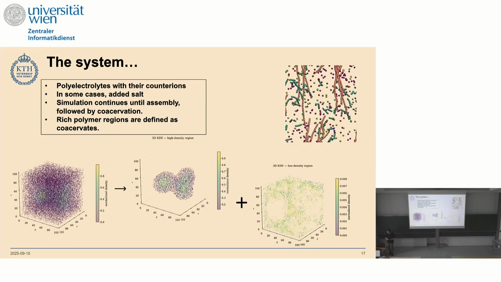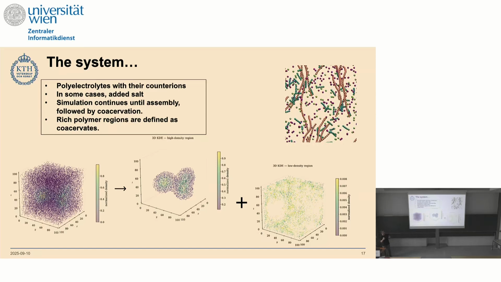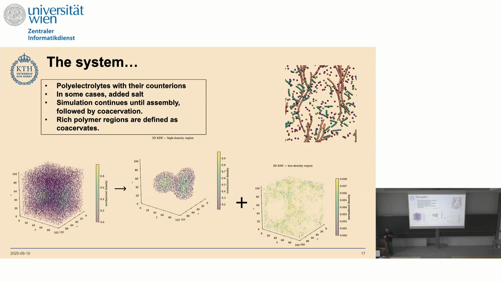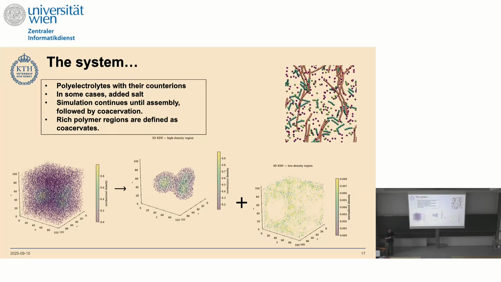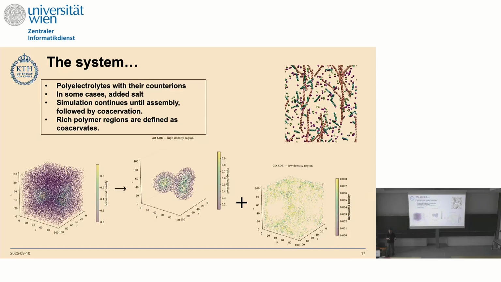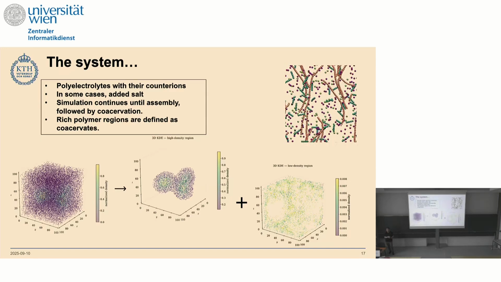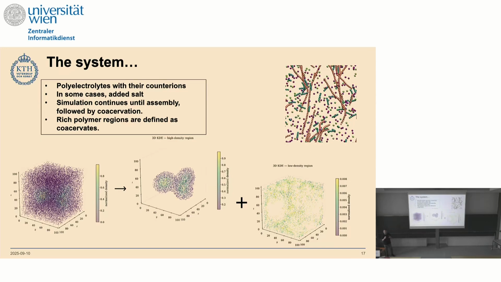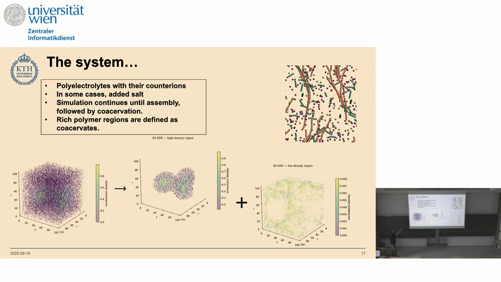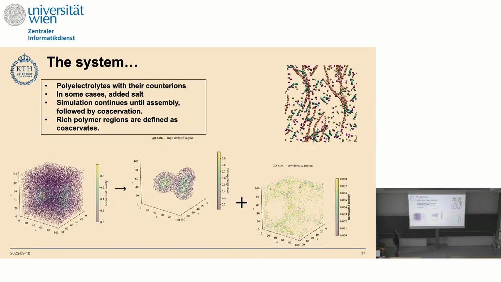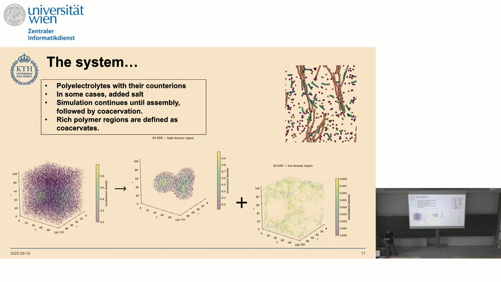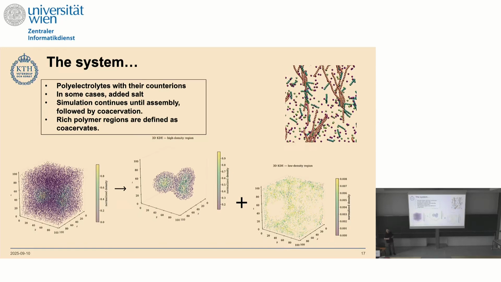We introduce them, and the simulation continues until assembly and coacervation happen in the system. And we define the rich polymer regions. So whenever I say coacervate here, I mean the rich polymer regions that we have in the simulation box. For example, this part is the rich polymer region that we define as coacervate.